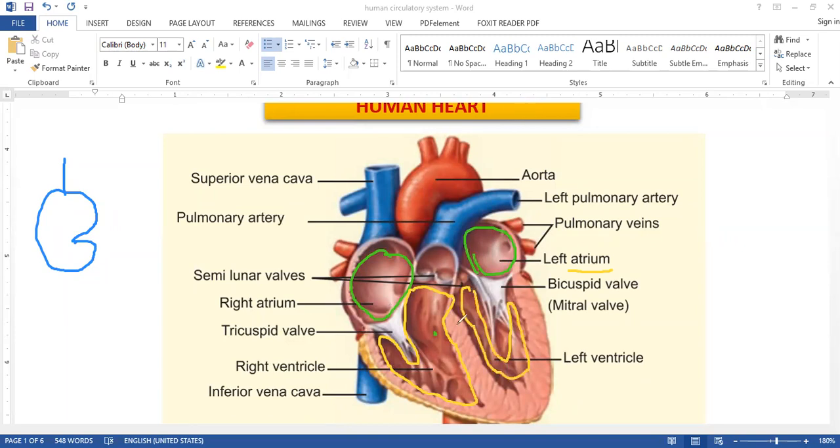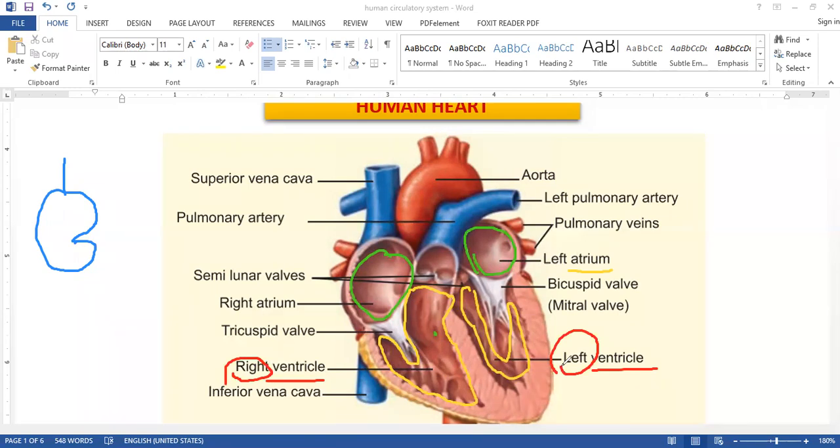These are the 4 chambers, and the chambers below are the ventricles. We can say ventricle. If it is on the right side, we call it the right ventricle, and if it is on the left side, we call it the left ventricle.